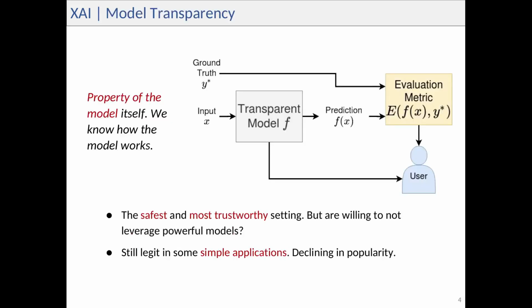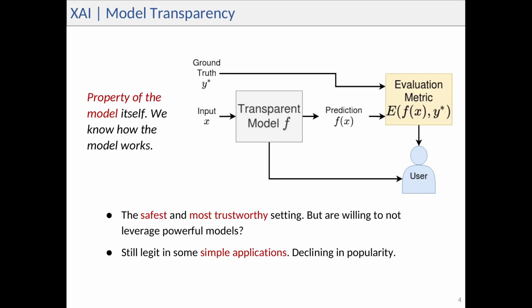Explainable Artificial Intelligence, interpretability, explainability, they're very general terms, and everything that we see within the field can pretty much be distinguished into two separate branches. The first one being model transparency. Model transparency is a property of the model itself, and it indicates that we just know how the model works.